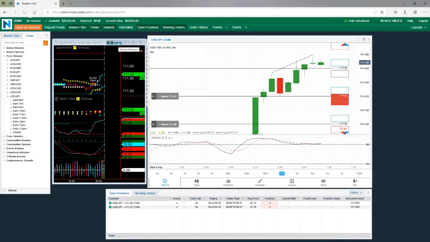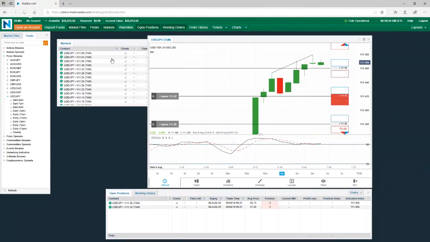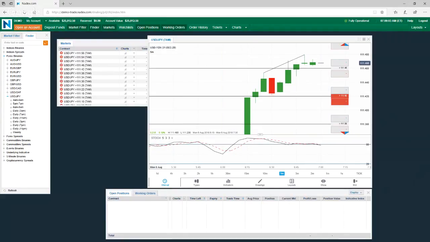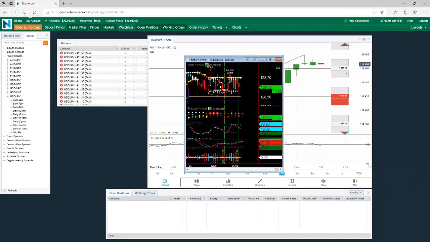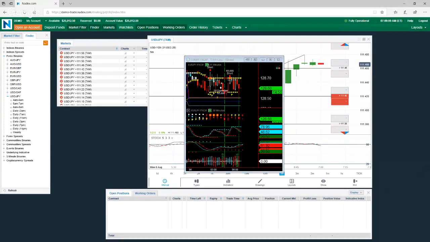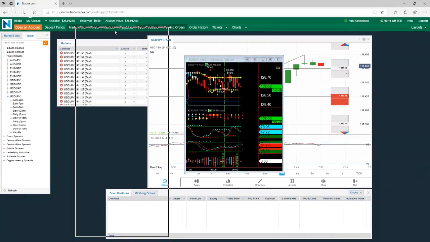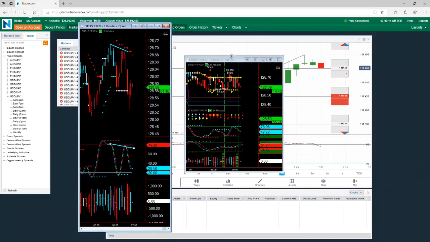I'm going to put this window back, but I want to show you the difference on these. This is typically what you would want to see.